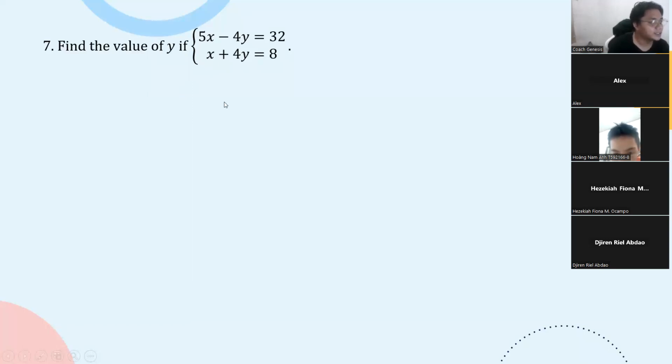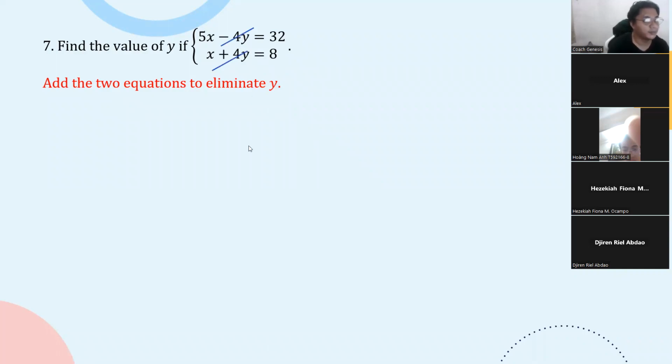However, it is easier to just add the two equations to eliminate y, solve for x, and then substitute it again later. So here, we add the two equations because, as you can see, you can just eliminate directly the variable y. So that would be 5x plus x is equal to 32 plus 8. 6x is equal to 40, or x is equal to 20 over 3. We divide both sides by 6 and simplify.